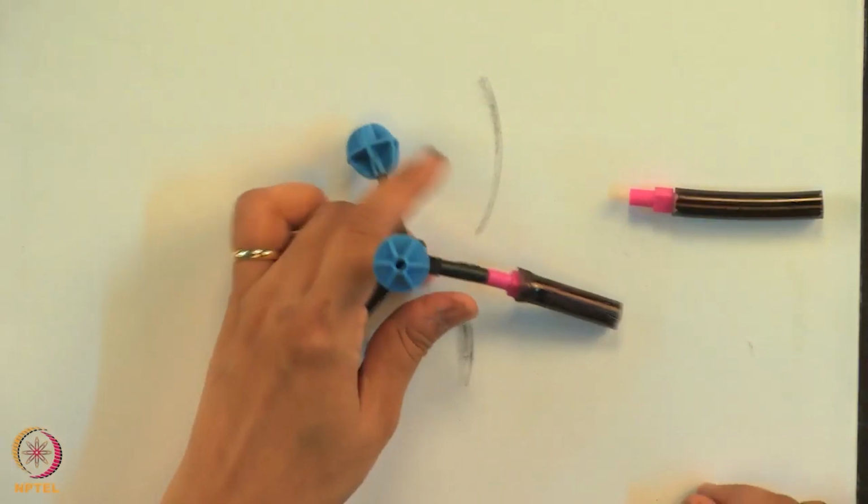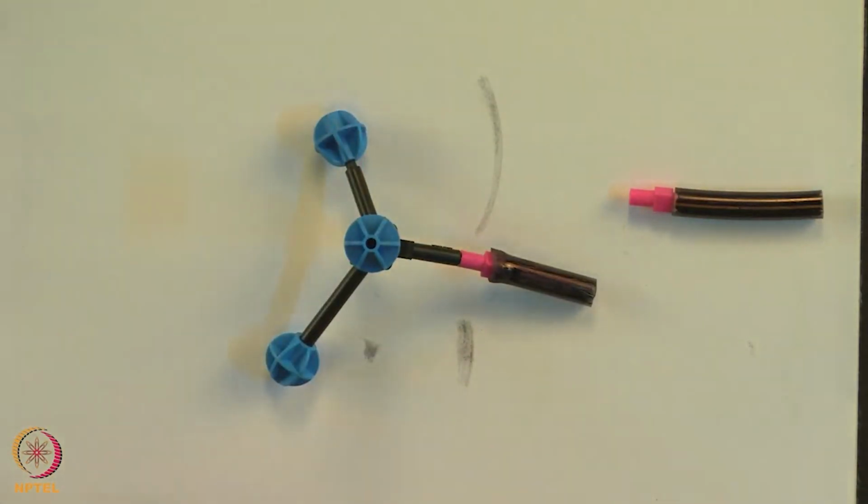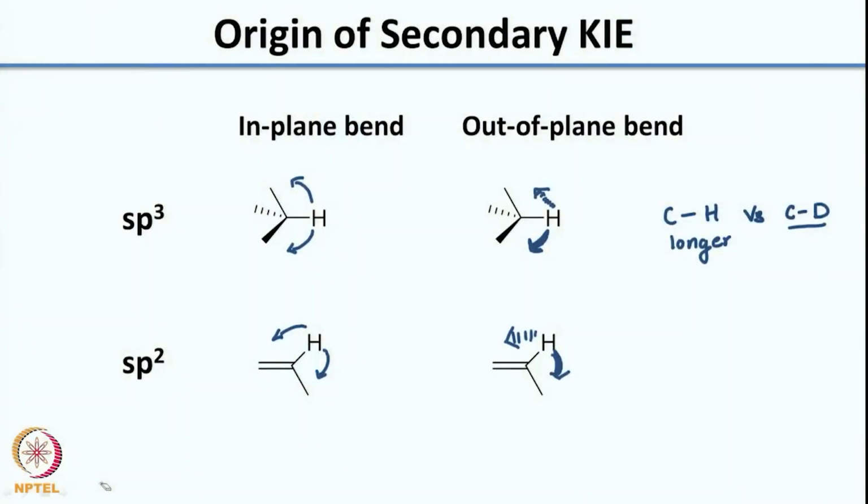So if we were to look at the first case shown here, which is the in plane bend, this is my CH bond and I am moving it in plane. So you have interactions with this atom here. Alright. So this interaction is minimized in a CD bond, which is smaller.